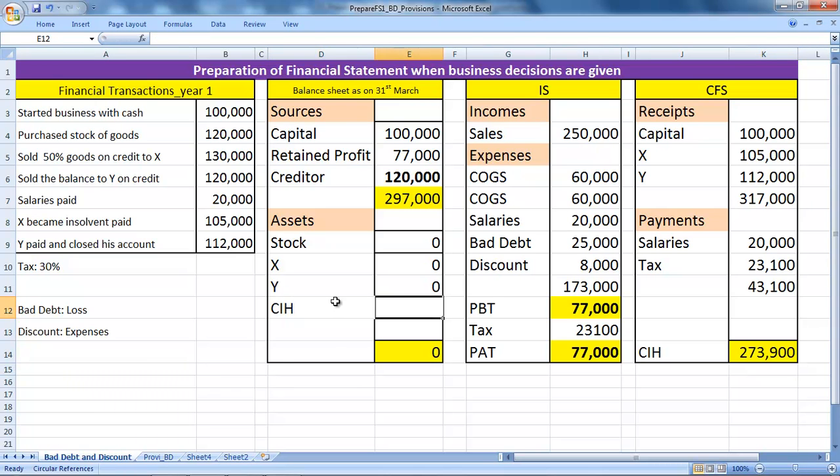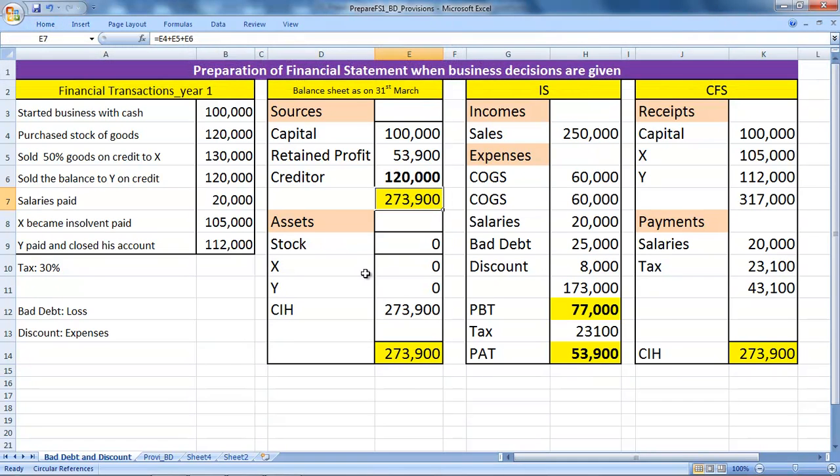So cash in hand 273,900 will appear on the asset side, so tax you paid, so profit is 77 minus 23. So the balance sheet, you can see, is telling 273,900 and 273,900. The focus of this discussion was on bad debt and discount.